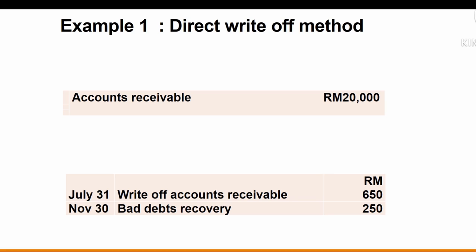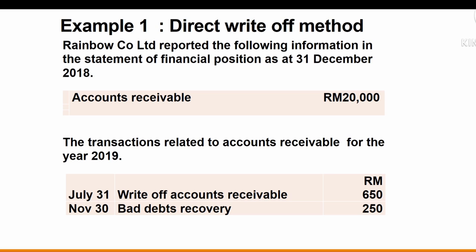Now we look at example number 1. We are using the direct write-off method. From the question, Rainbow Company Limited has the balance of account receivable and had a few transactions related to account receivable. The first one, the 31st of July, write-off account receivable, and the 30th of November, bad debt recovery.